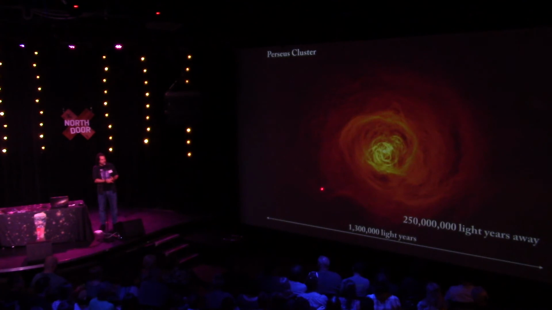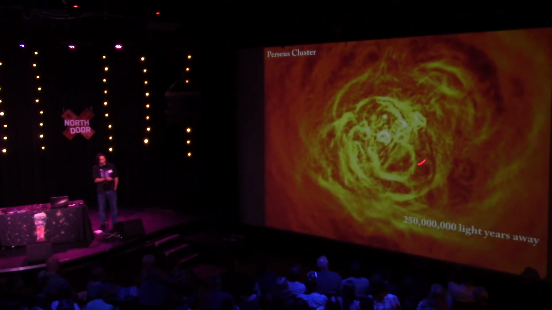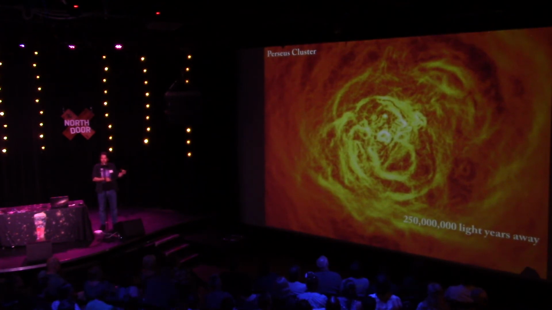And it's the same type of process happening here. But again, this is twice the size of our entire galaxy. So it's pretty amazing. And just to zoom in on the central regions of that to show you how detailed this structure is, I just wanted to show this because again, it just amazes me as an X-ray astronomer that we have such exquisitely detailed pictures of things happening on this scale.